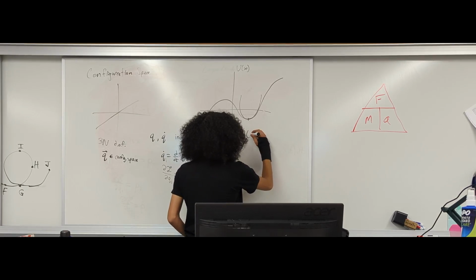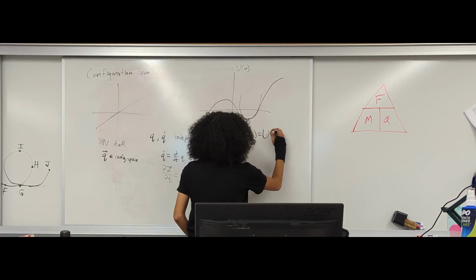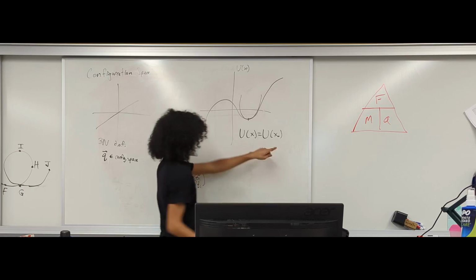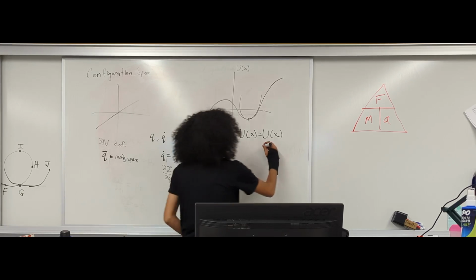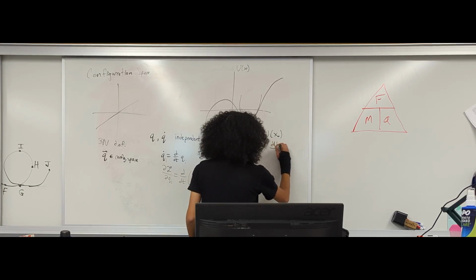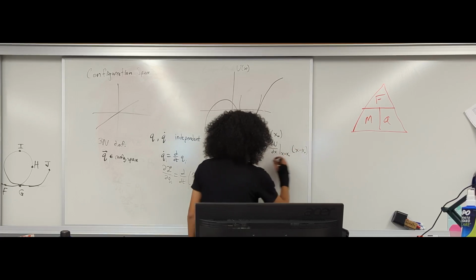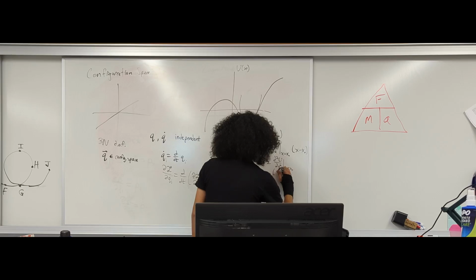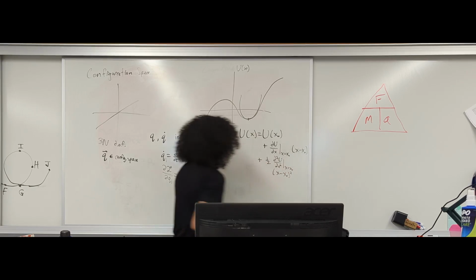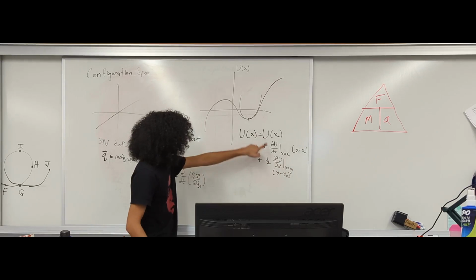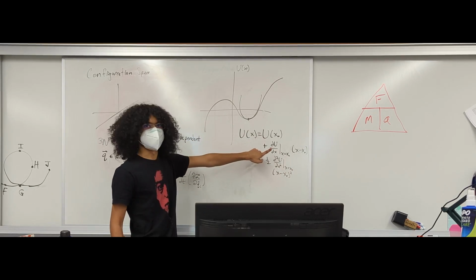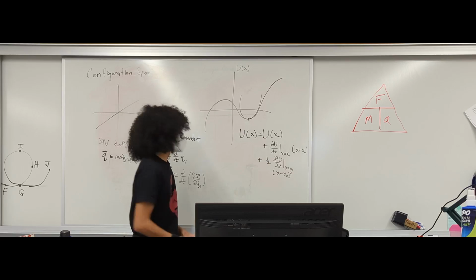let me do this. You get the potential at equilibrium, then the first derivative at equilibrium times this, plus 1/2 the second derivative at equilibrium times this squared. But since it's at equilibrium, the force is 0, right? So this first derivative will be 0.